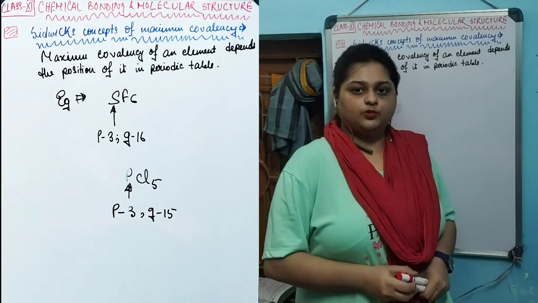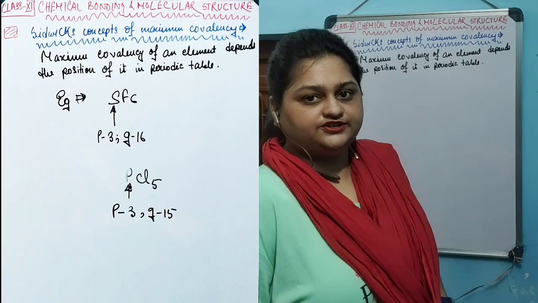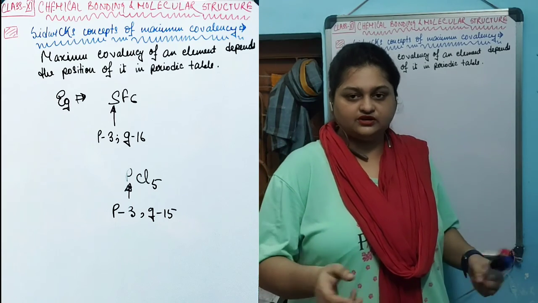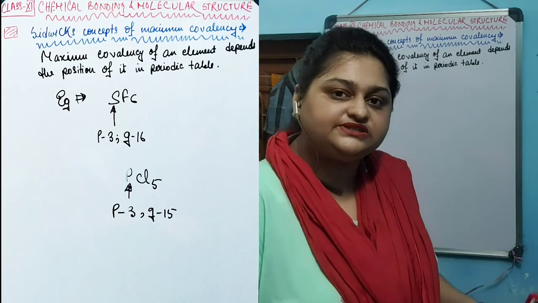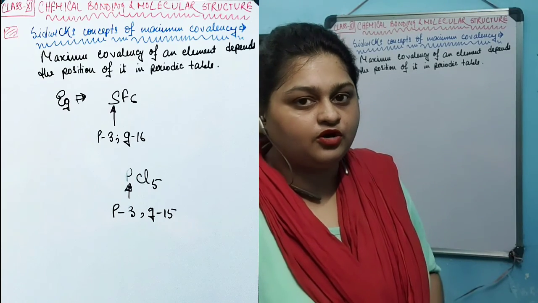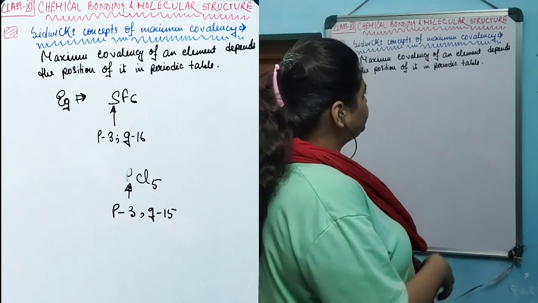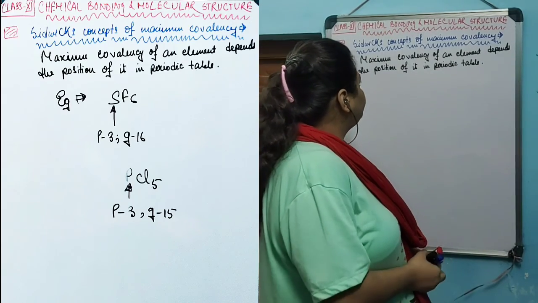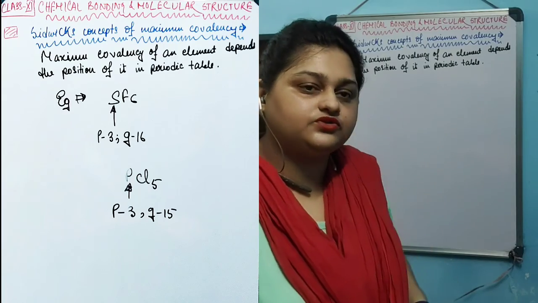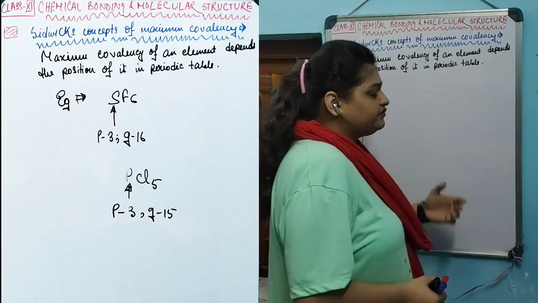The violation of the octet rule observed in the expansion of the octet of the central atom in molecules like PCl5 and SF6, scientists tried to explain by a concept known as Sidgwick's concept of maximum covalency.